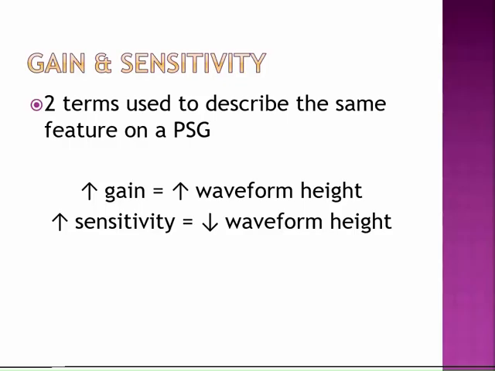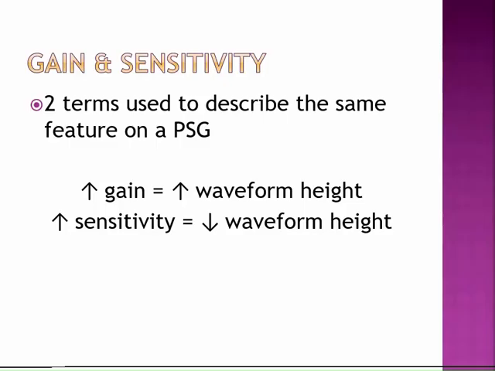We'll talk about this more with the electrical theory, but gain means the amplification of a channel. The higher the gain, the higher the waveform height. The premise behind these terms is that the biological potentials we are recording from our patients are so minute in comparison to all the other potentials and electrical activity going on in the room around them.